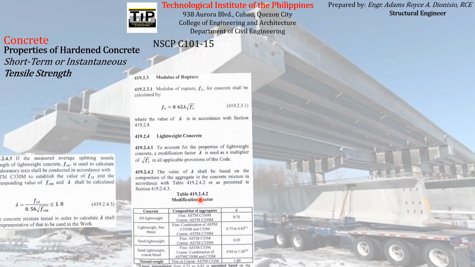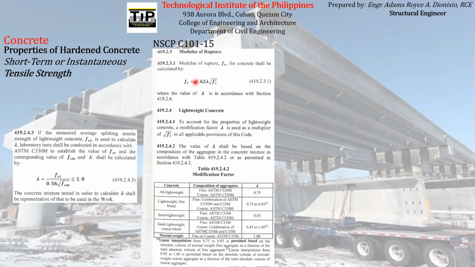If you refer to NSCP section 419.2.3, you can see how to compute the modulus of rupture of concrete. So this is the formula. But this is actually for normal weight concrete, where we can just use lambda equal to 1. So you can just replace lambda here by 1 to compute the modulus of rupture of normal weight concrete.